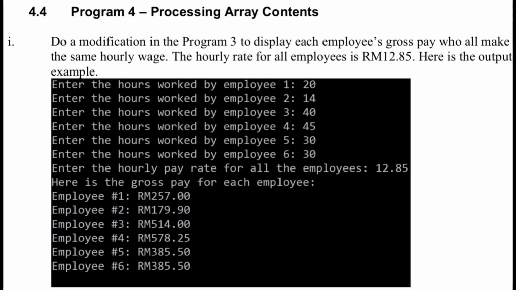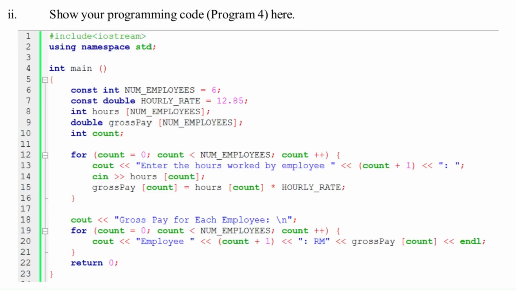To obtain this output for program 4, I just simply modify the previous code by declaring constant double hourlyRate equals to 12.85.